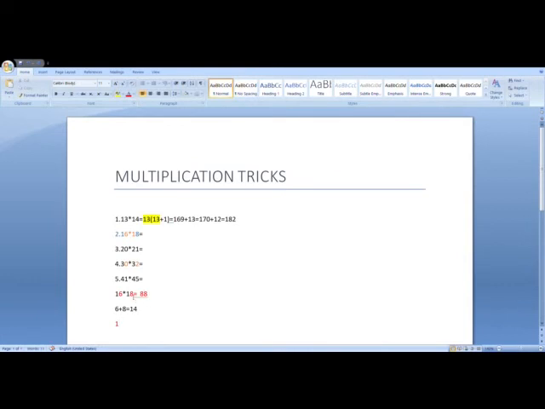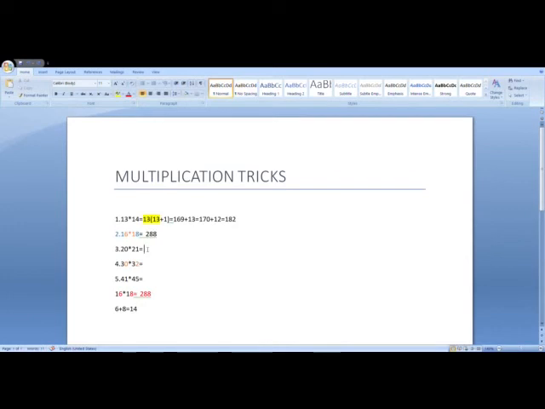Now we do the first digit of the first number and the first digit of the second number: 1 plus 1, nothing but 2. I think people understood. So we get 288.